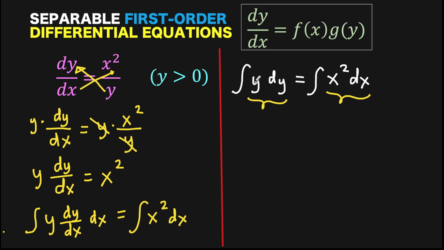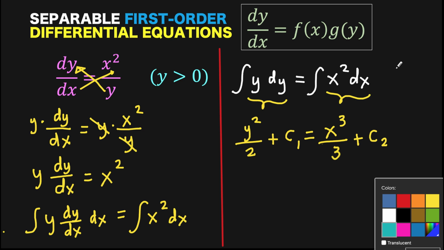Now, simplifying this, the antiderivative of y dy is y squared over 2 plus a certain constant c sub 1. We use c sub 1 because there's another constant on the right side. So the right side becomes x cubed over 3 plus another arbitrary constant c sub 2.